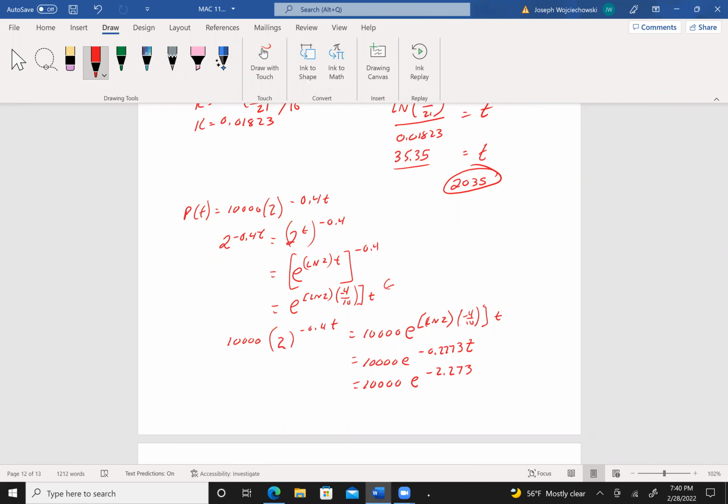Here, second E, negative 2.273. Okay, times 10,000. 0.277. Now the book goes to 27726.